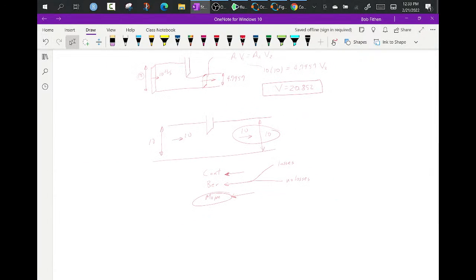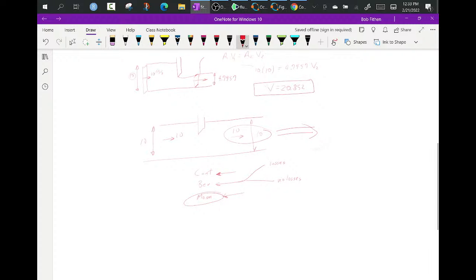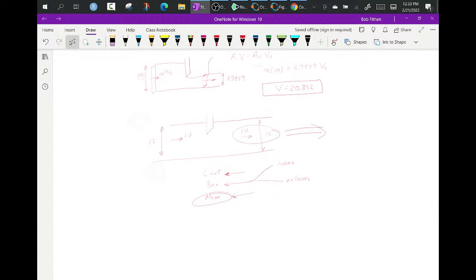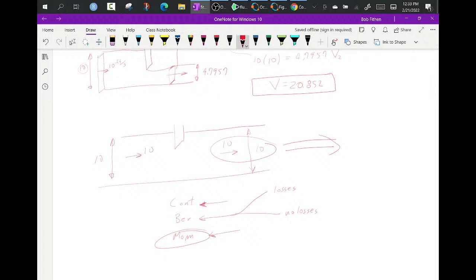If there's a loss, then energy is lost. So this one would come in at 10, and it might have a loss so that instead of the 10, maybe it would have 9.5 in the exit. So you would lose energy by coming through here.